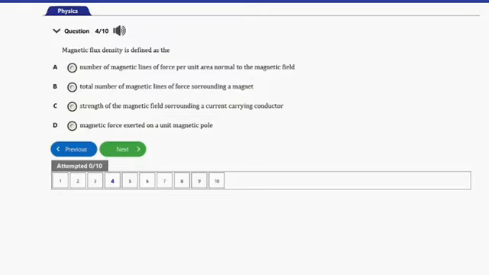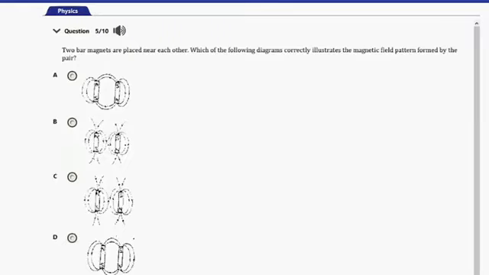And D, magnetic field exerted on a unit magnetic pole. So guys, the answer to this question is option A here. The magnetic flux density is defined as the number of magnetic lines of force per unit area normal to the magnetic field. And that's it for this question. Let's go ahead and consider the next question, guys. So that's question number 5 here.